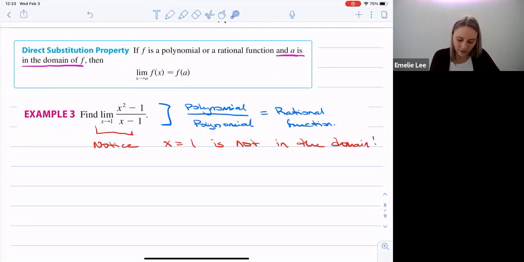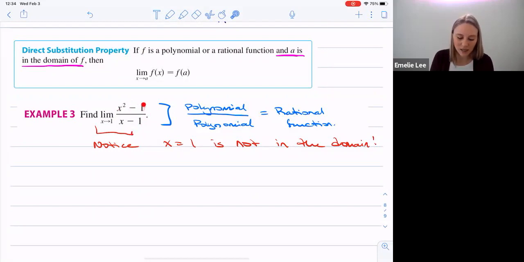So as soon as you see a rational function like this, you can try, okay, I'm just going to plug in 1 squared minus 1, okay, fine, it's 0. And then 1 minus 1, that's also 0, right? I can't have 0 in the denominator. So then your next thought is going to be, okay, well, what if I try to factor this thing, x squared minus 1, and manipulate this function so that I can plug in x equals 1, right?